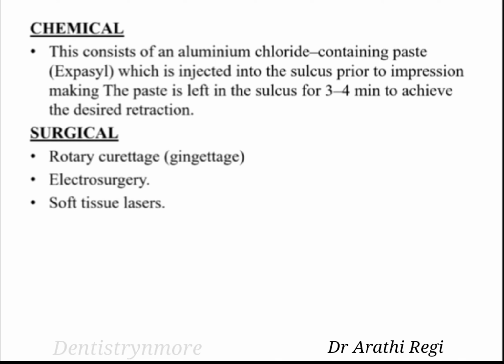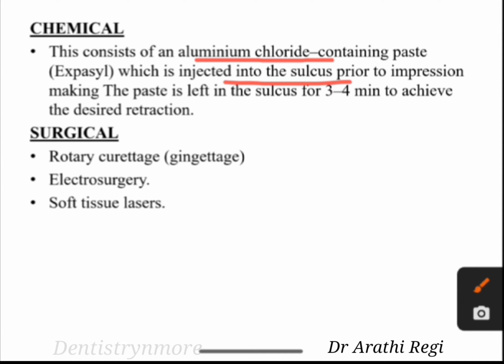It mainly consists of aluminum chloride containing paste which is injected into the sulcus prior to impression making, and the paste is left in the sulcus for 3 to 4 minutes to achieve the desired retraction. And the surgical includes rotary curettage, electrosurgery, and soft tissue laser.